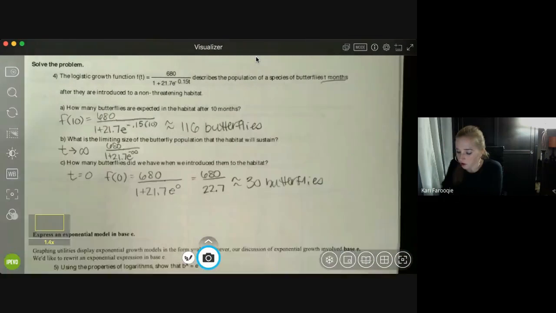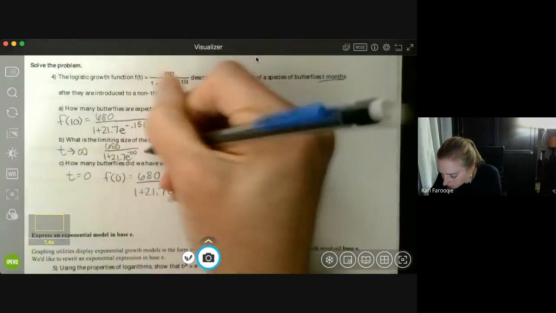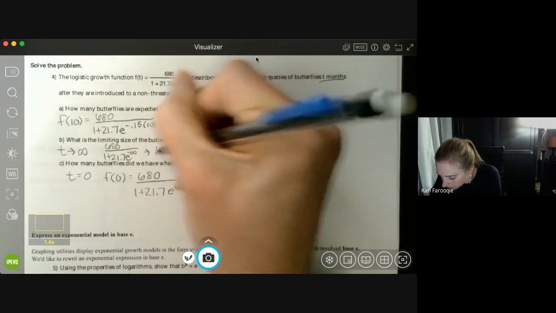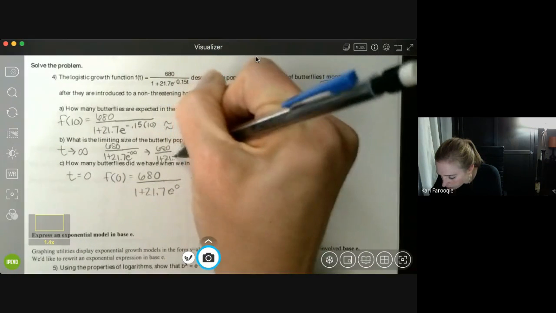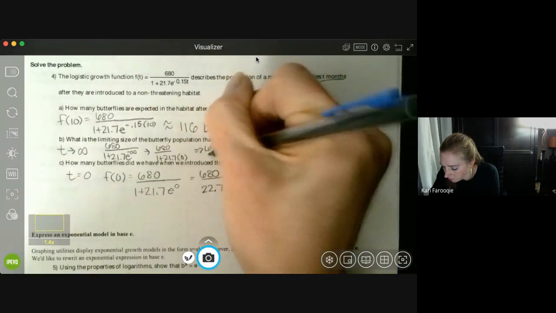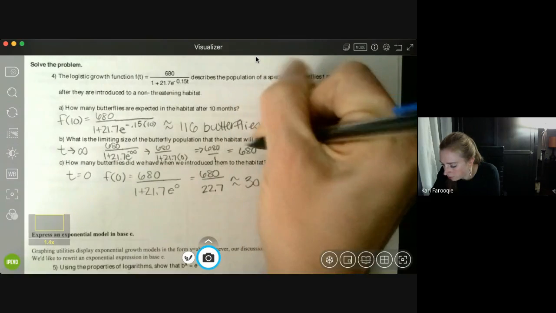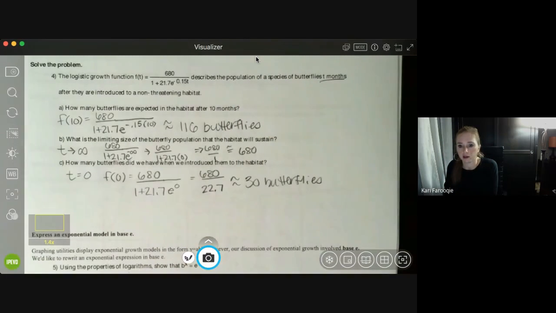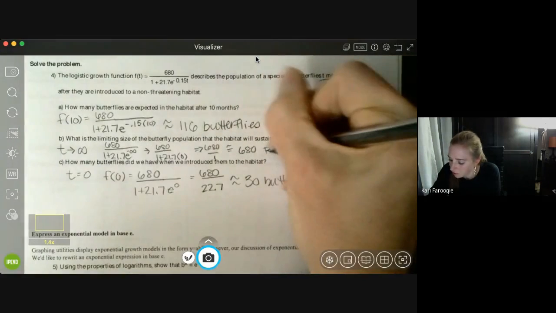So what happens here is you end up with 680 divided by 1 plus 21.7 times 0, which is just 680 over 1, which is approximately 680 butterflies.